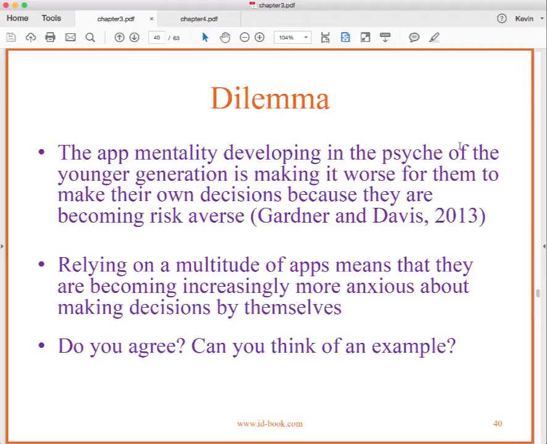Okay? Relying on a multitude of apps on their smartphones means that they're becoming increasingly more anxious about making decisions by themselves. Do you agree? Can you think of an example?